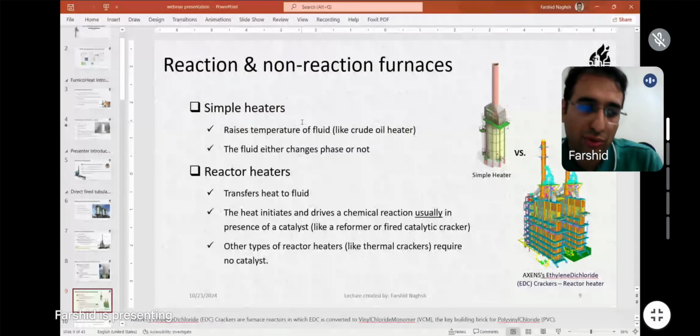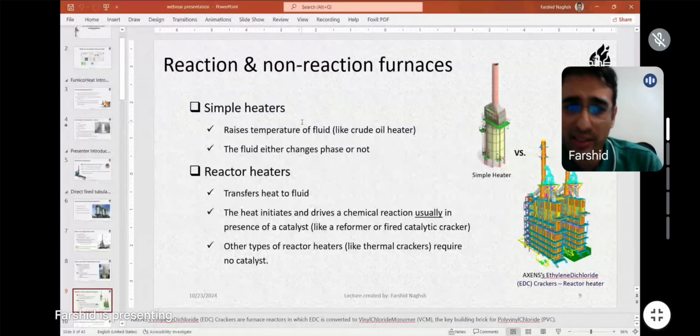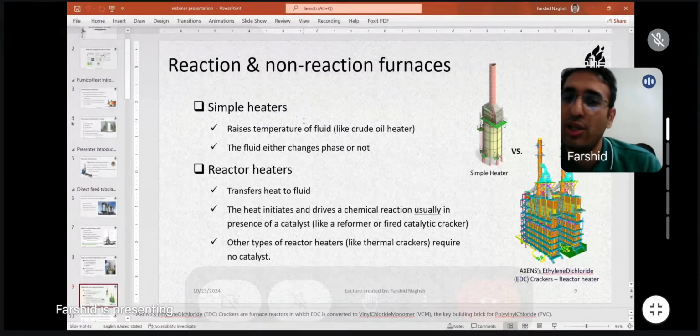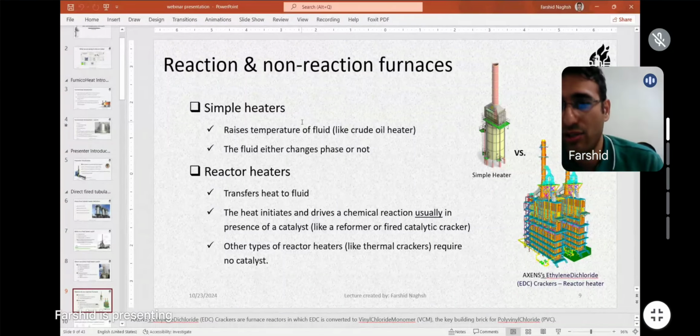It means that to drive that reaction, the heat that is provided by the burner is sometimes not sufficient. So you need a catalyst to reduce the temperature or increase the rate of that reaction at the temperature that the burner has provided. So the heat is transferred to the fluid, the heat initiates a chemical reaction, and this chemical reaction, to complete, may need a catalyst or not.